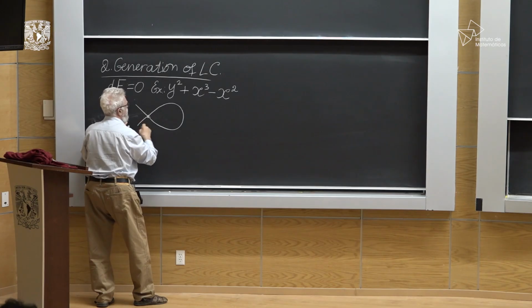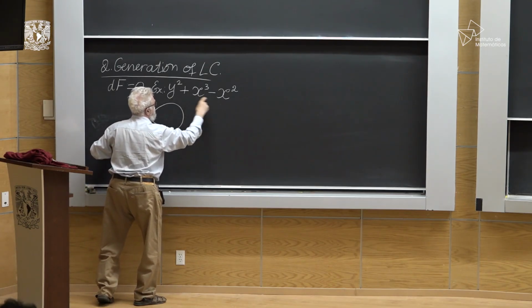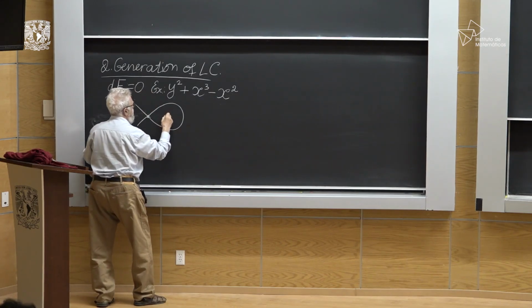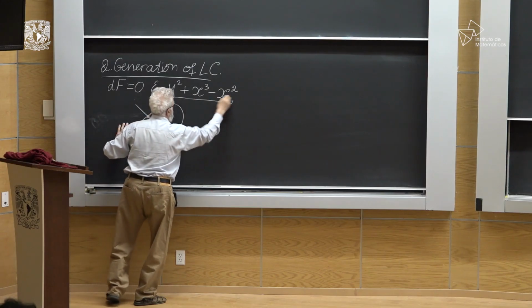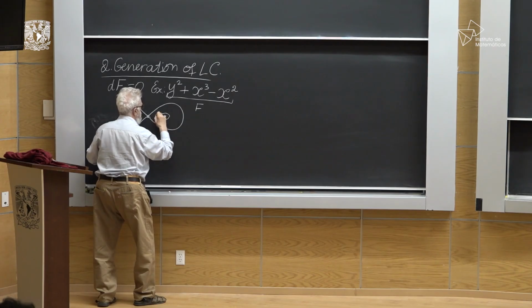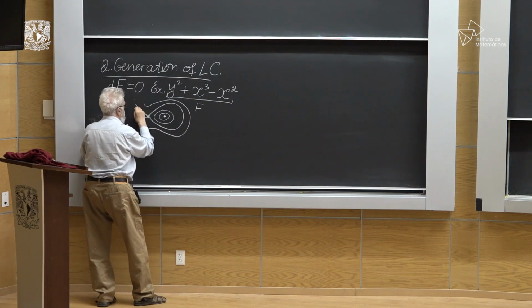The zero-level curve, at 0 you have a saddle, y squared minus x squared. Here you also have a minimal point of H. And you have level curves like this.